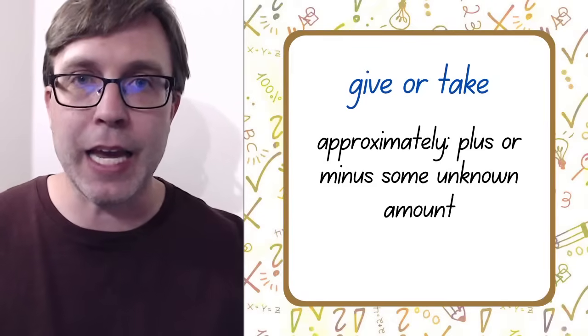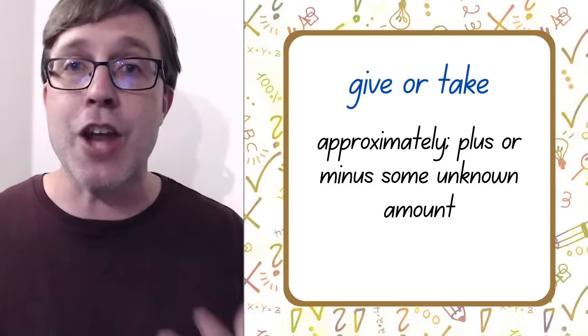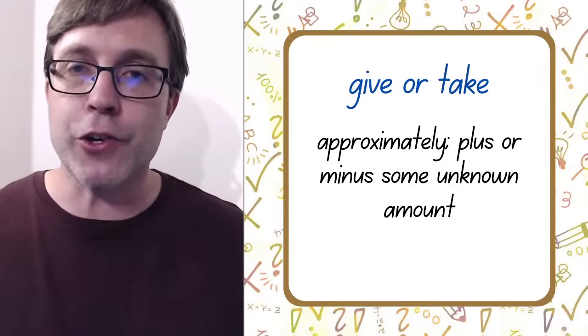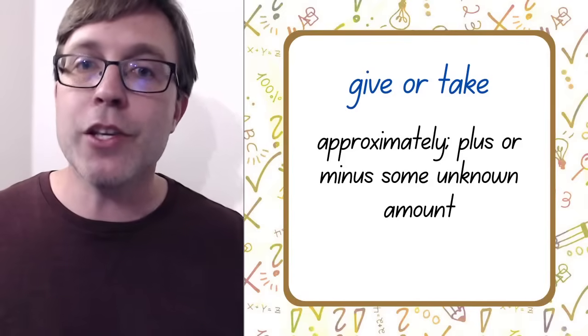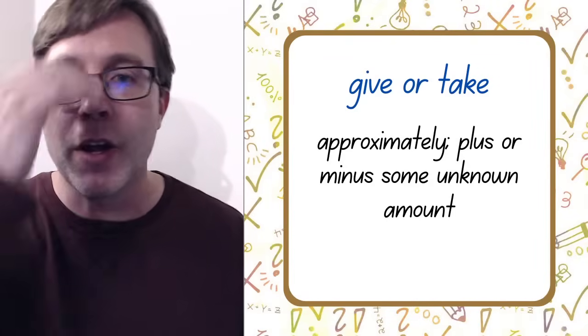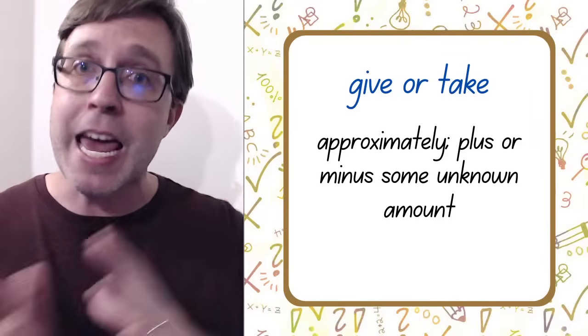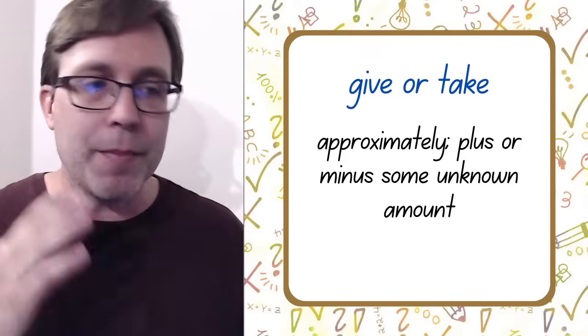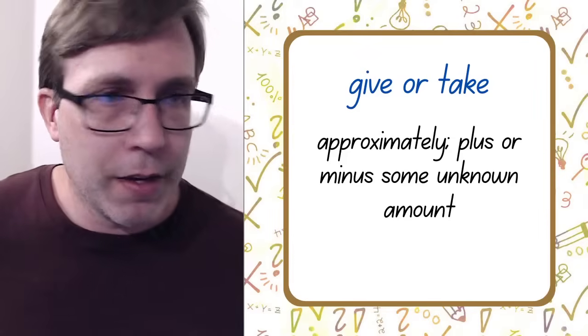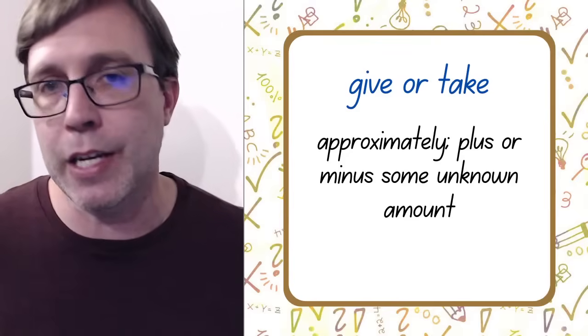So in this case, you're going to be talking about typically a number or an amount. And if you're trying to say approximately, you would say give or take, plus or minus some unknown amount. Often I think people are going to use this at the end of a sentence. I might say, how many people live in your city or live in your town?